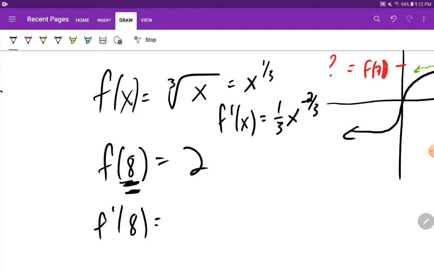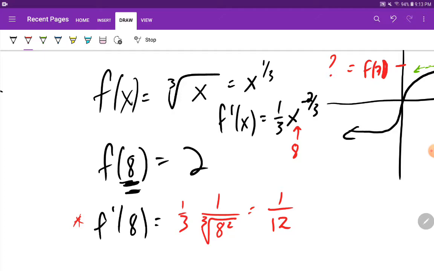Then we plug in 8, because that's how we get this point. We get 1/3 times 1/8 cube root squared. What is that? The cube root of 8 is 2, and 2 squared is 4, and 4 times 3 is 12. So it's 1/12.